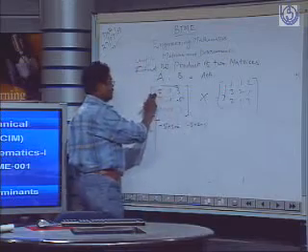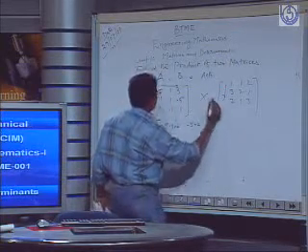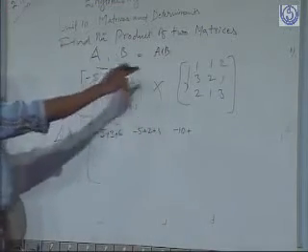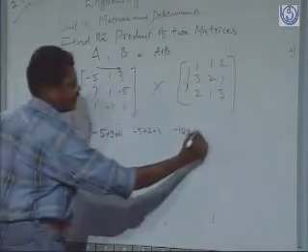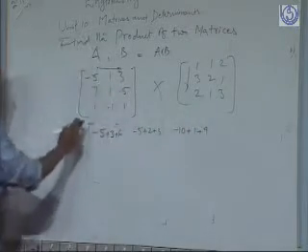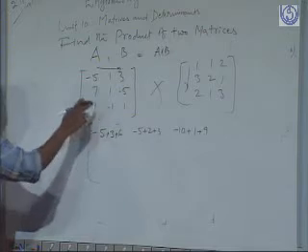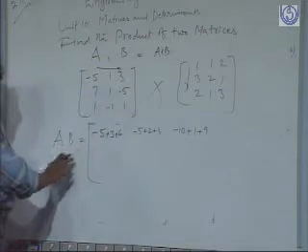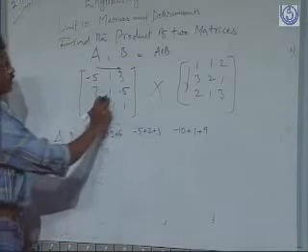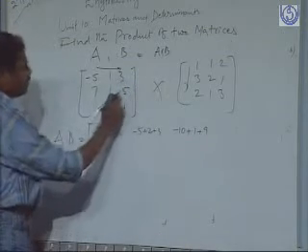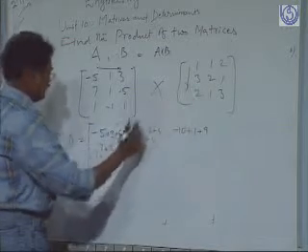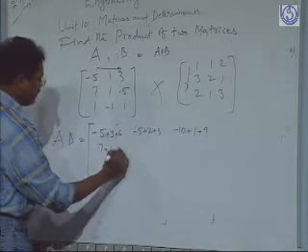So here 5 2s are 10, that is minus 10, plus 1 1s are 1, plus 3 3s are 9. Again we have to find the second row of the AB matrix. So 7 1s are 7, plus 1 3s are 3, and minus 5 into 2, that is minus 10.